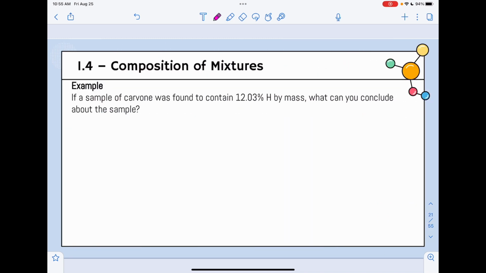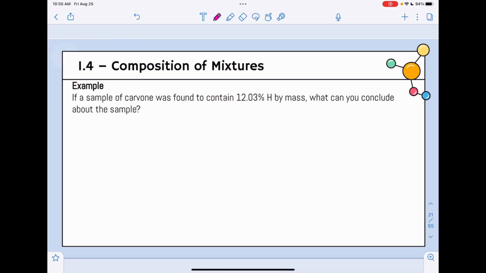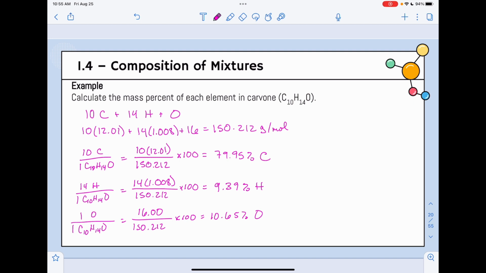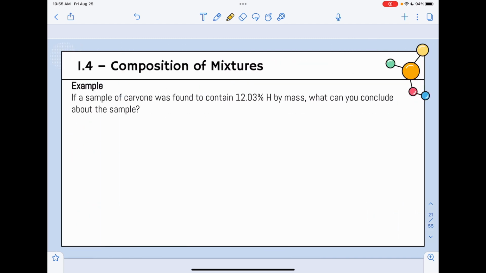Now, we're going to go right into our next example. If a sample of carvone was found to contain 12.03% hydrogen by mass, what can you conclude? Well, it's got too much hydrogen. This sample has just over 12%. Our original sample, pure carvone, is 9.39%. Okay, so we can conclude that it's not pure.